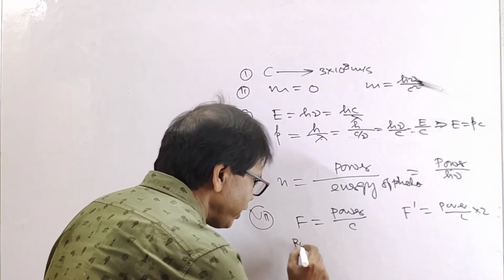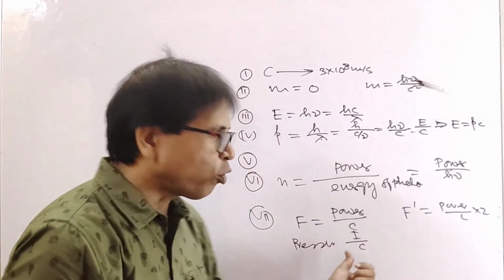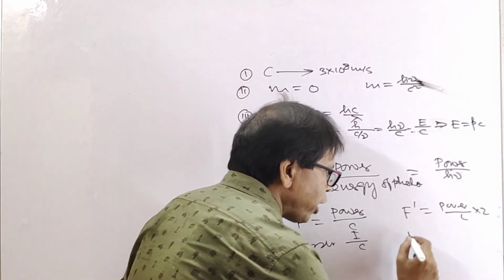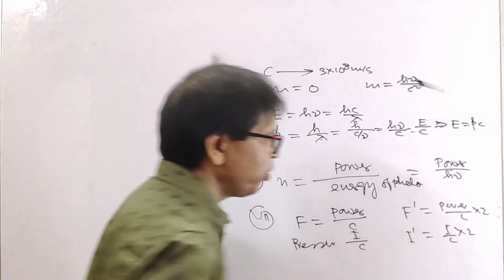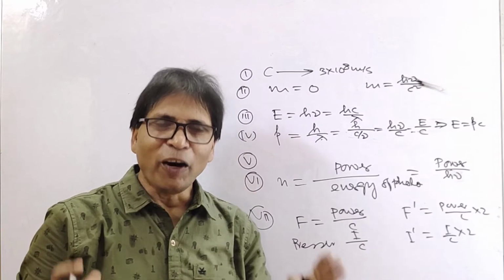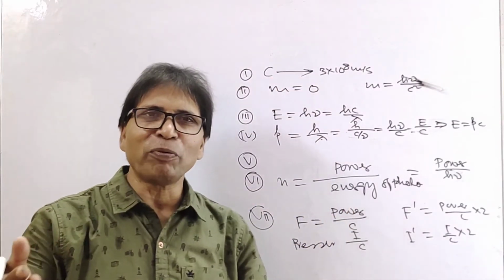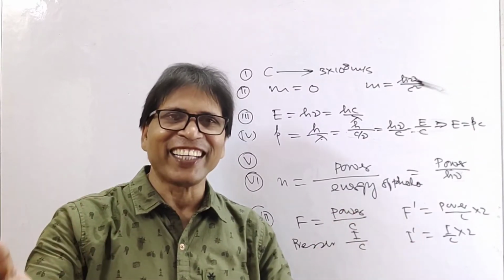The pressure is equal to intensity by c for a completely absorbing surface. For a completely reflecting surface, it is I by c into 2. Okay? Now from these properties of photon, what is the nature of the photon? Wave or particle? It is the particle.